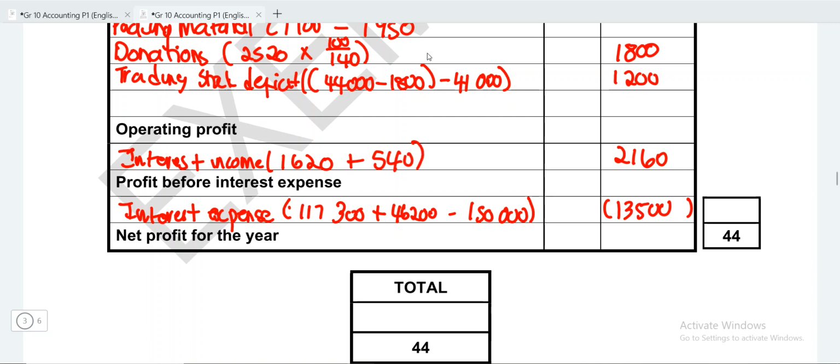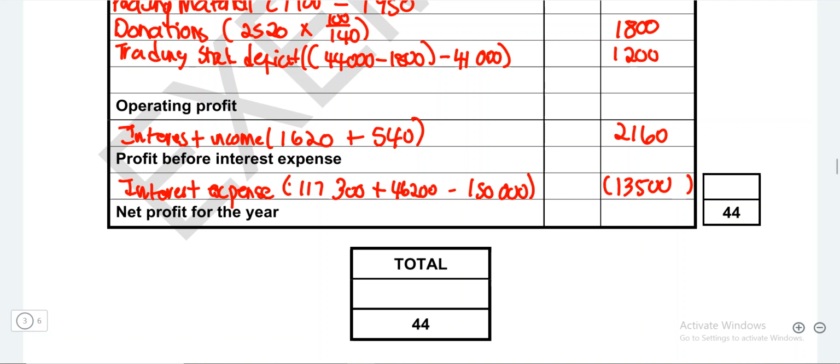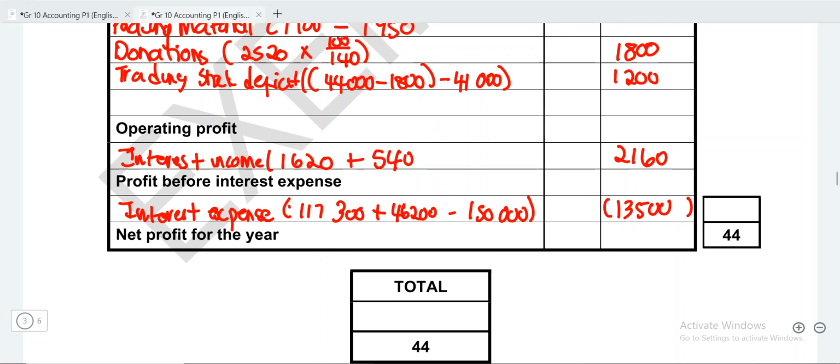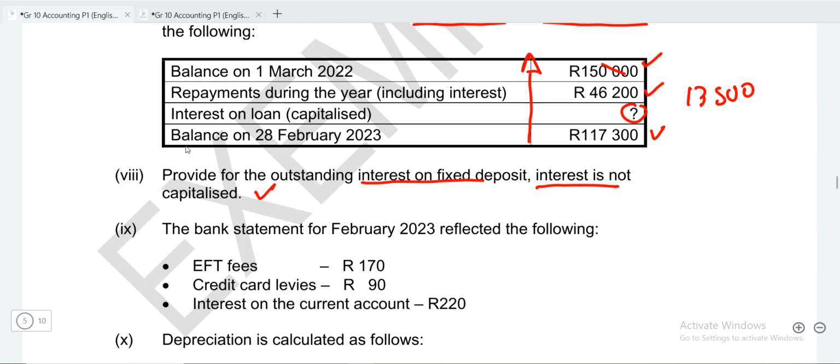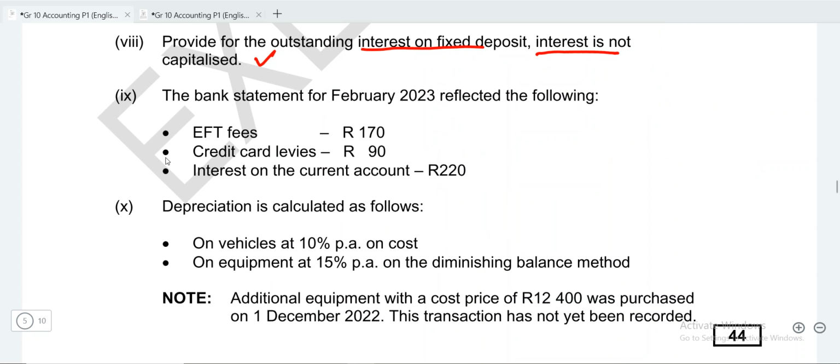Now before we close this, we must check if there's anything that will let me not close this here, because there might be something that might affect this. So you must check for that on what your bank statement will say to you. Now here they're saying that the bank statement for February 2023 reflected the following. Number one, EFT fees. Once we see EFT fees, credit card levies, it's part of bank charges.